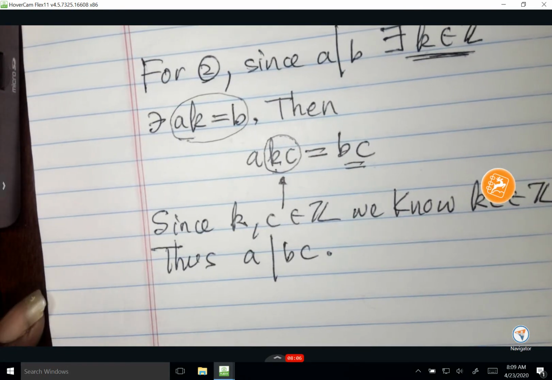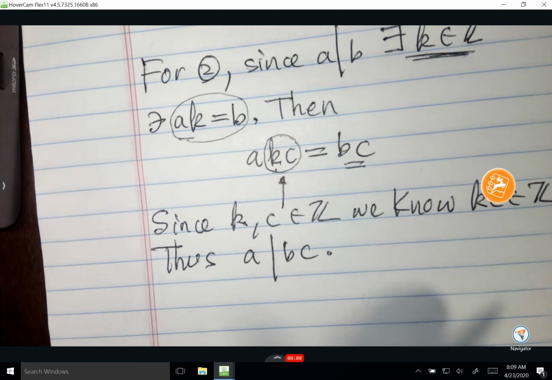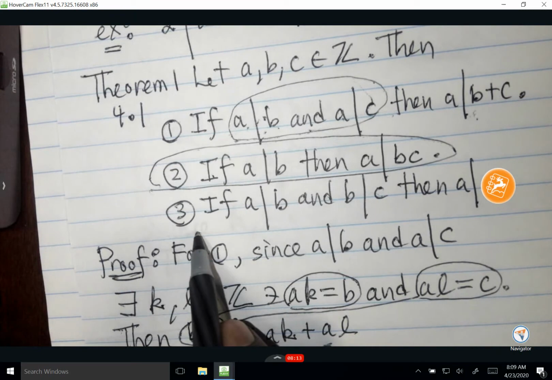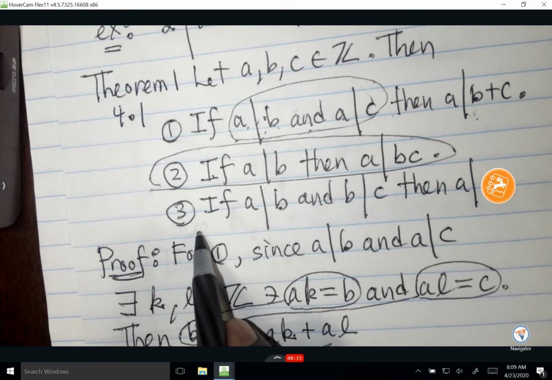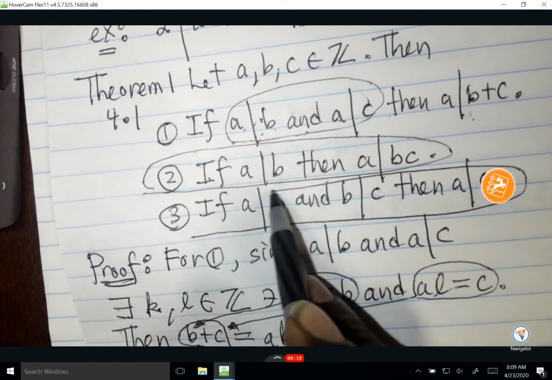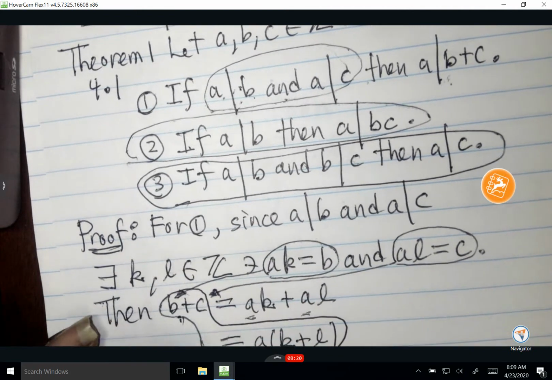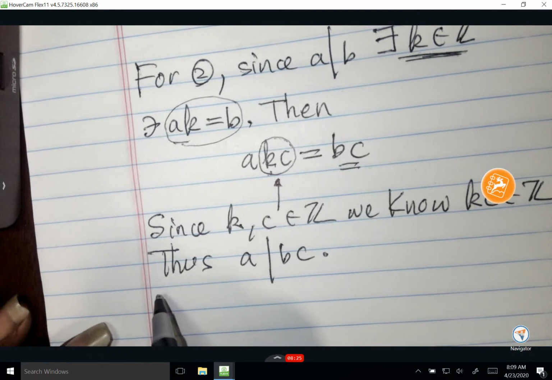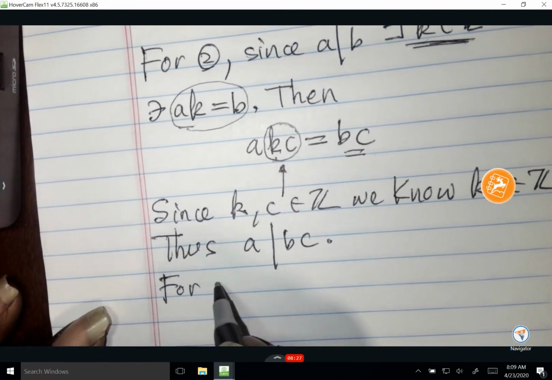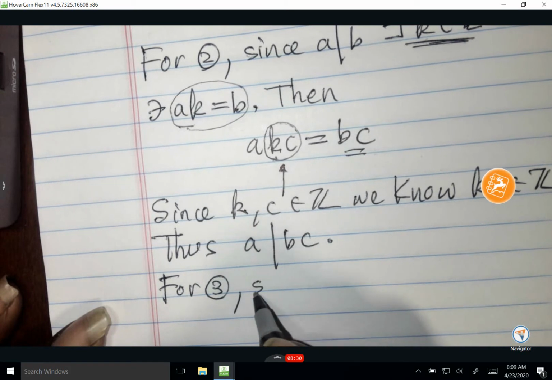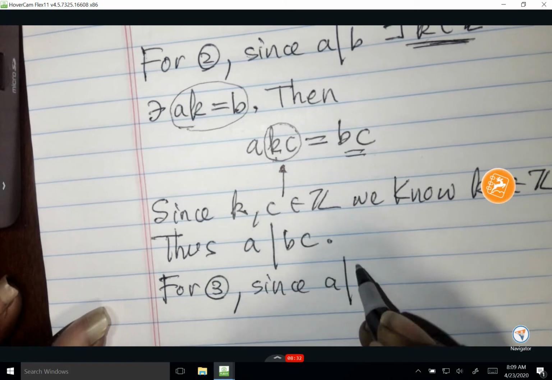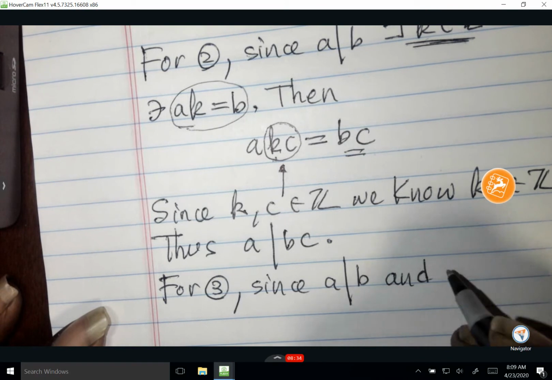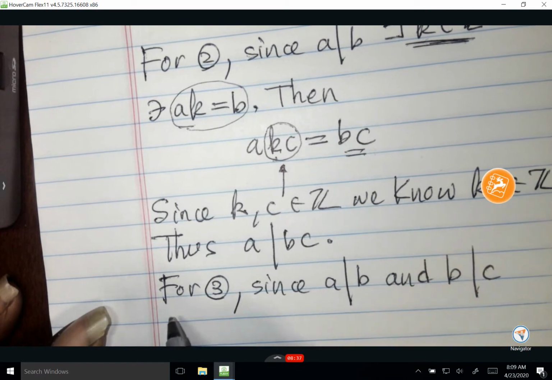And for the final thing, part 3, let's prove that. Part 3 says this. If A divides B and B divides C, show A divides C. In other words, division is transitive. Let's prove it. So finally, for 3, since A divides B and B divides C, there exist 2 integers, one for each division.